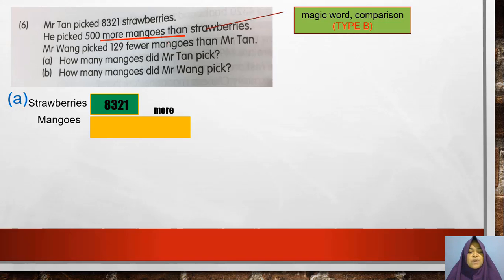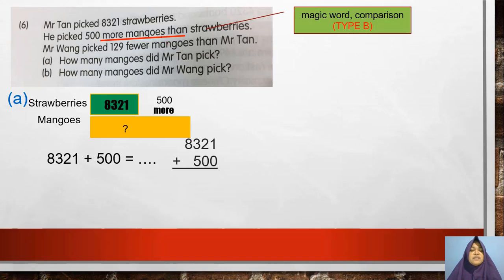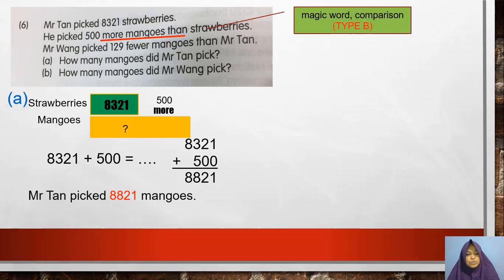You put the magic word outside, and then the question mark for mangoes. If the question mark for mangoes is in the longer model, it will be addition. 8,321 plus 500, the result is 8,821. So Mr. Tan picked 8,821 mangoes.